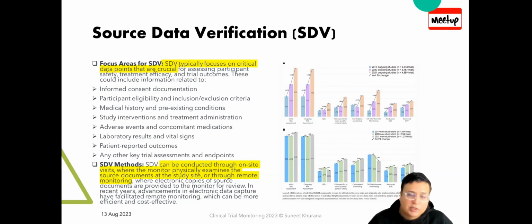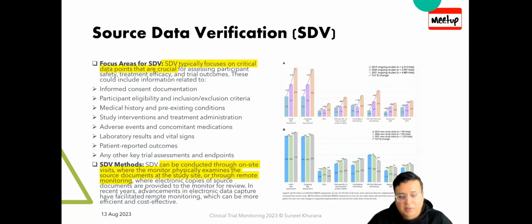They look at the medical history, the existing conditions, the study interventions, and how the treatment was given. They look at any adverse events happening, especially serious adverse events. They look very thoroughly, because that's the key safety component of the studies.